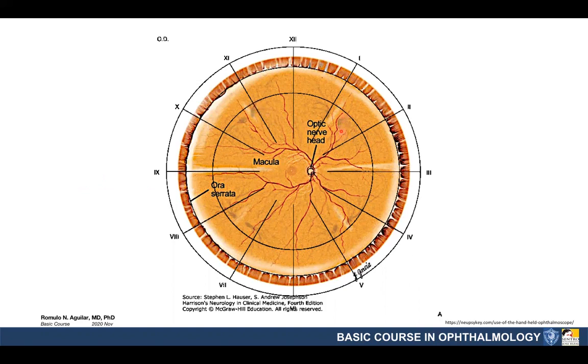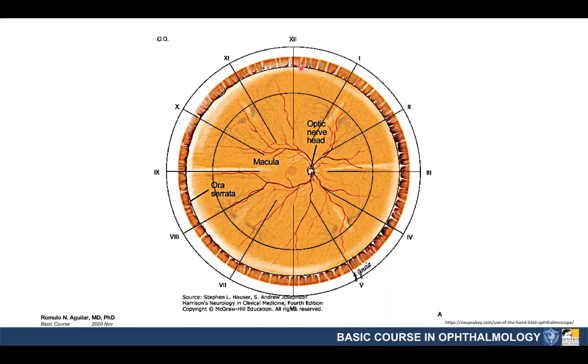You can see it there, here, and here. If you now connect this with an imaginary circle all the way around, that would, as I said, define your posterior fundus. And the area from vortex vein all the way to the ora serrata will define your peripheral retina.